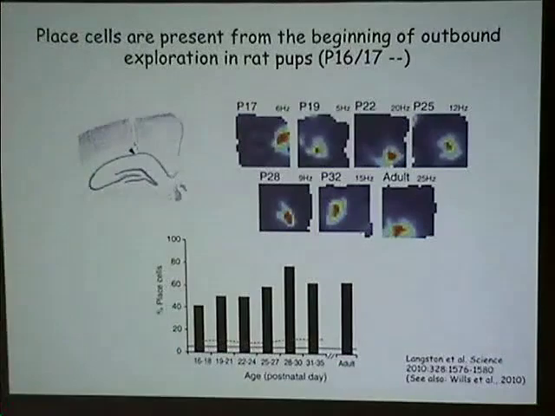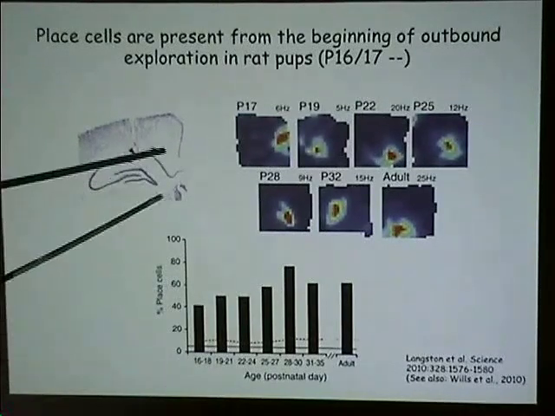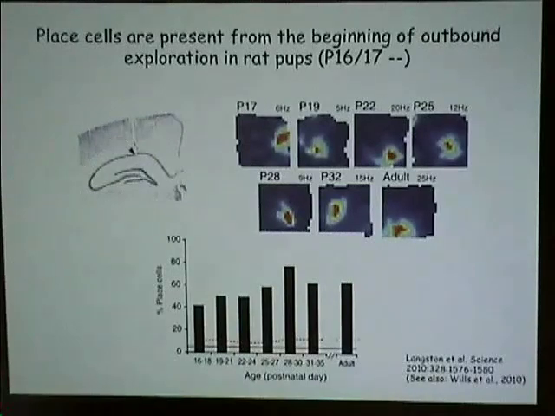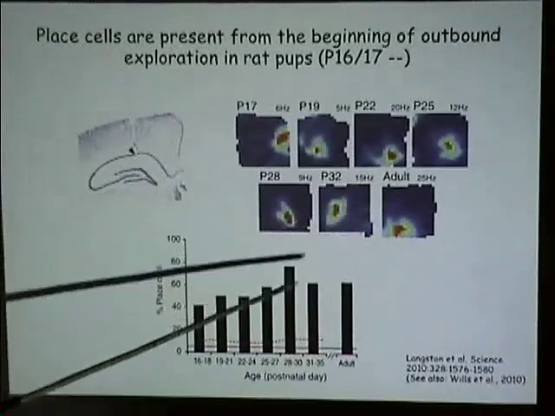There were 2 studies, one from our lab, Rose Langston was the key person there, and another study from Tom Wills and O'Keefe and Neil and others in London at UCL, which essentially showed the same. First of all, for place cells, as soon as the animals can walk or start walking outside the nest, place cells are more or less normal. They're less stable, but they look quite place-like right from the beginning.